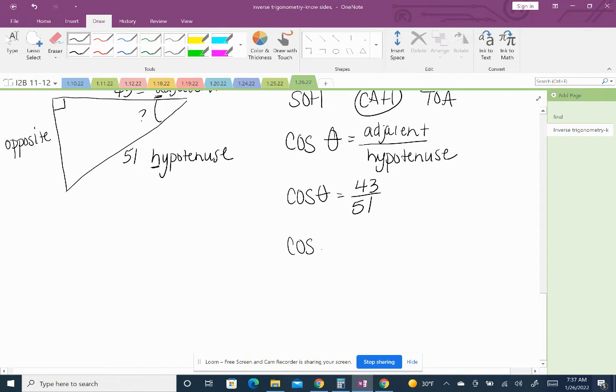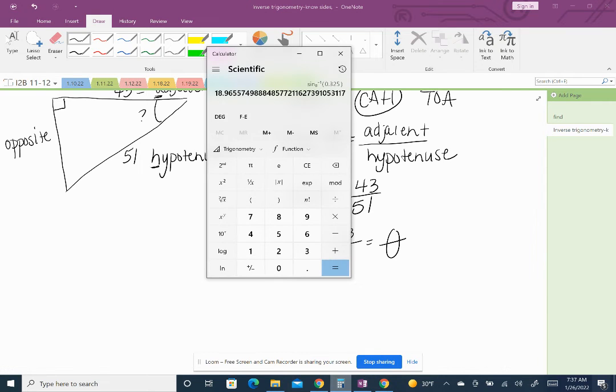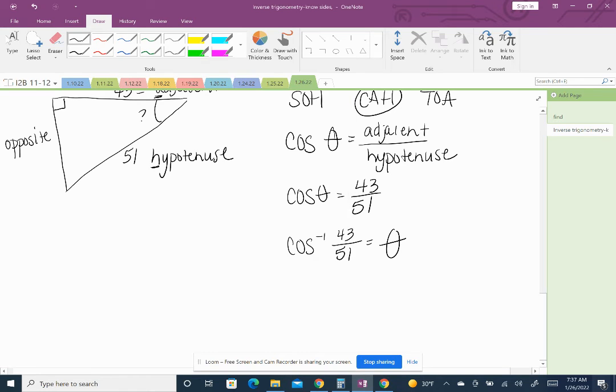Cosine inverse 43 over 51 is going to equal the angle. Let me try it right here. What did I do wrong? So 43 divided by 51. And then I'm going to take my inverse cosine. It should be 32.52 degrees.